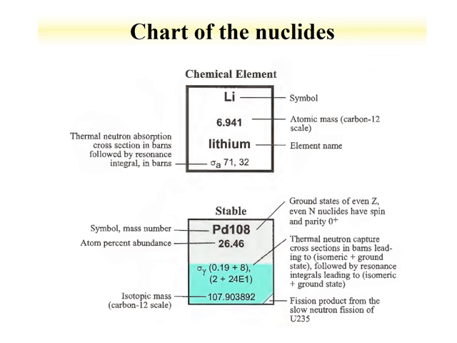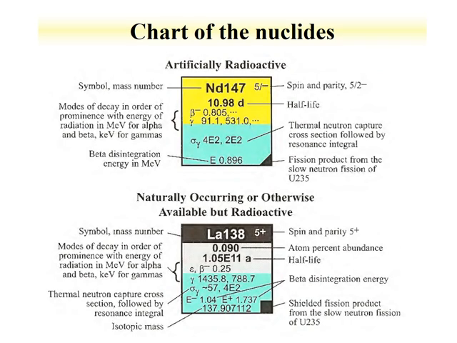For stable isotopes, we have, again, the mass number and the symbol, the ground state information that was listed there. We also have cross-section information and some abundance information.